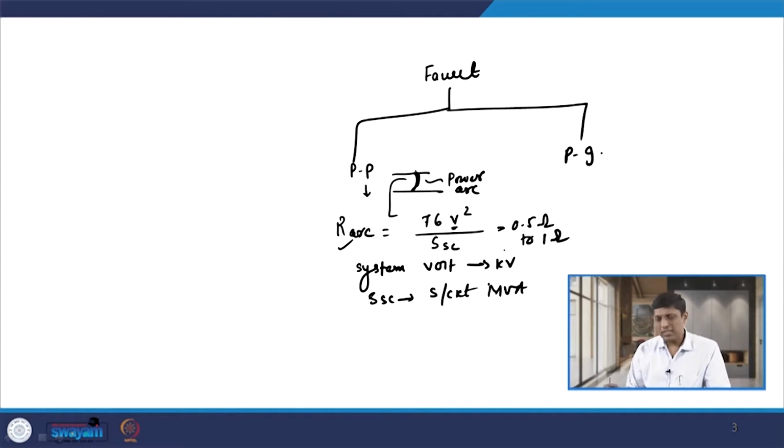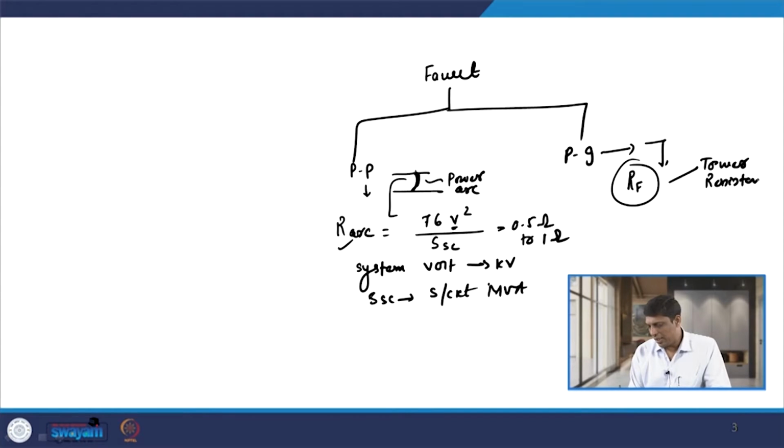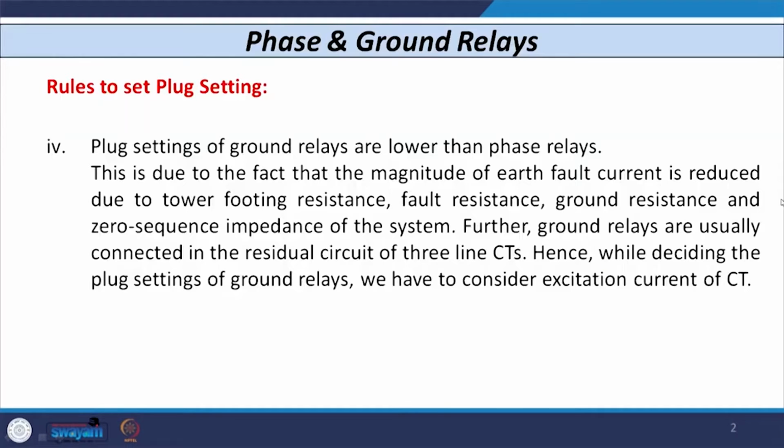Using that you can decide the arc resistance, and usually it comes out to be 0.5 to 1 ohm. So, this is fixed, but when you have a phase to ground fault, it involves the fault resistance RF. That contains the tower resistance, which usually varies from 5 ohm to 50 ohm.